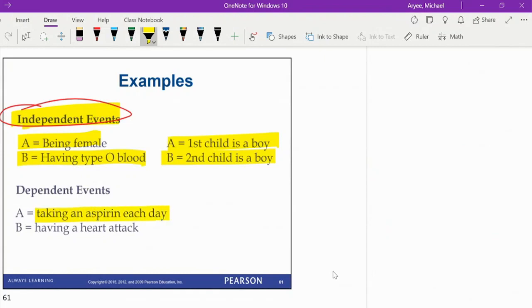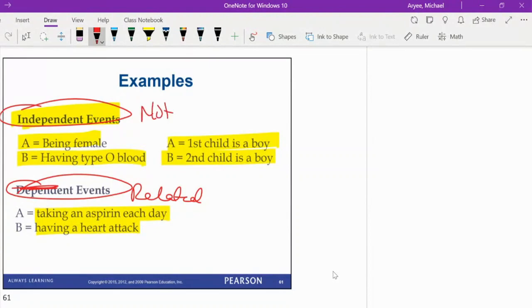But if it's taking aspirin once a day, then these are related. So when it says dependent, you ask yourself, are they related? And if they are not related, then they are independent. So you have some scenarios in your homework, and you just have to choose whether independent or dependent.